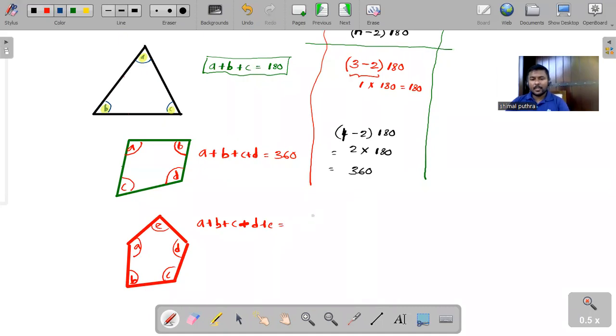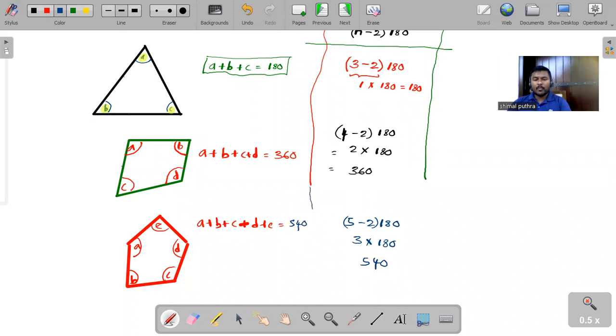How can I find this? There are 5 sides, that means 5 minus 2 into 180. 5 minus 2 is equal to 3, into 180. That means this is equal to 540.